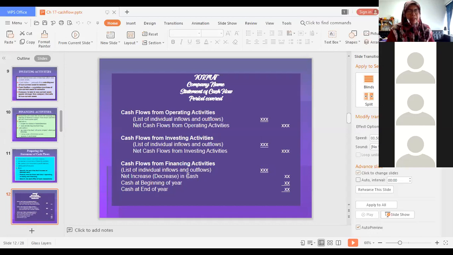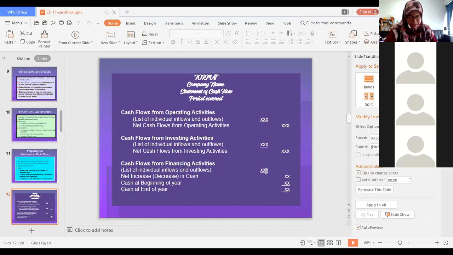You issue shares, and sometimes you issue debentures, corporation, please refer to the corporation chapter. When you issue shares or debentures, you get the money, so positive. But when you buy back the shares and debentures, it is a negative amount because we need to pay back the shareholders and the debenture holders.